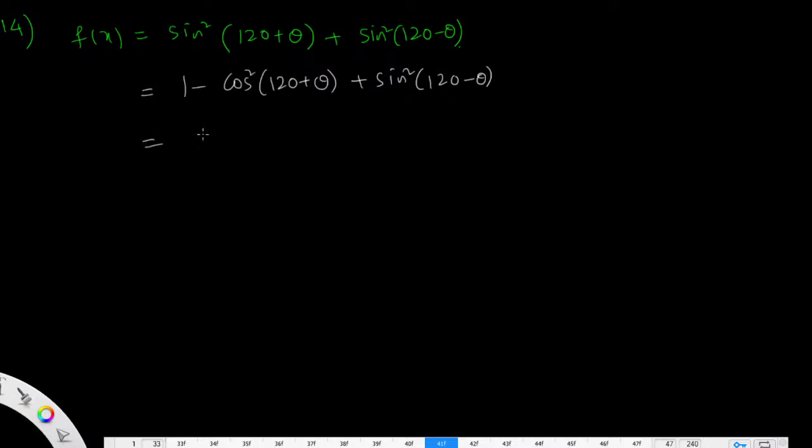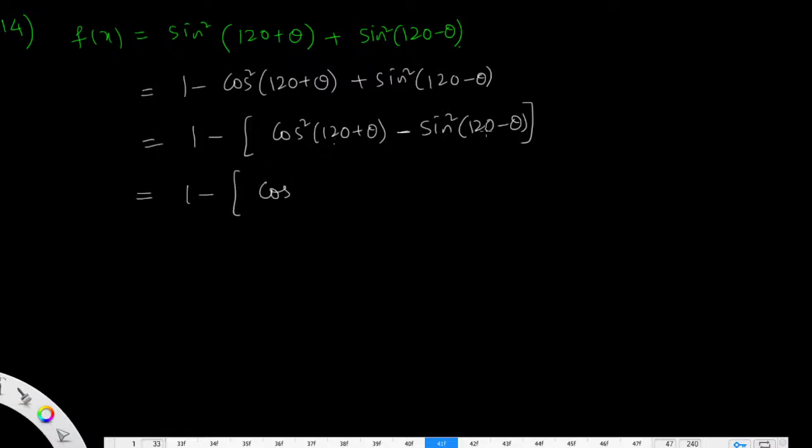Now it can be written as 1 minus [cos square of (120 plus theta) minus sine square of (120 minus theta)]. Now it is in the basic formula form we just completed.